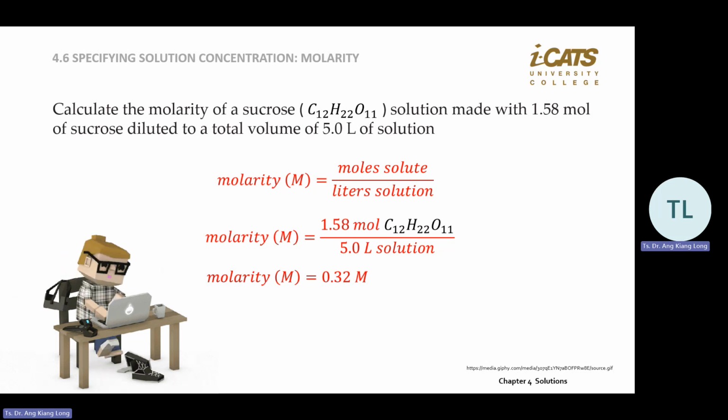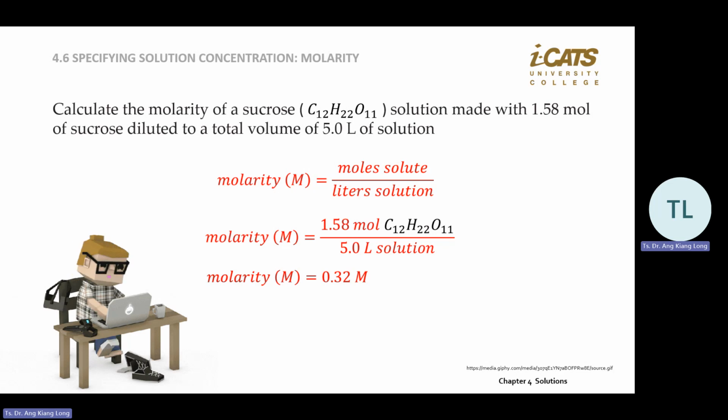Okay, this one is a bit direct, but of course in the test it won't be the same as tutorial. In the test, it won't be direct. You won't get 1.58 mole. You'll be given how many gram of sucrose. You need to convert how many gram of sucrose into mole, and then you divide by 5 liter.